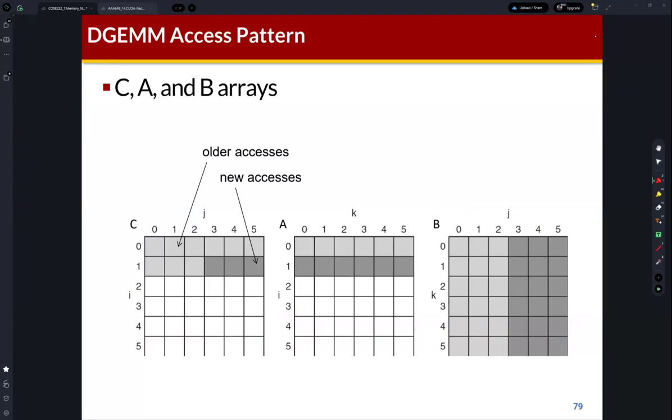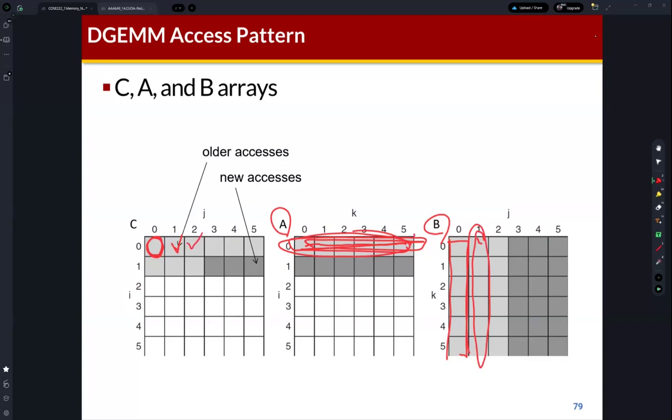In order to calculate this element, which data is required? We require the entire row of elements of matrix A, and the column of matrix B, right? Then for this element, we require this row and this column.